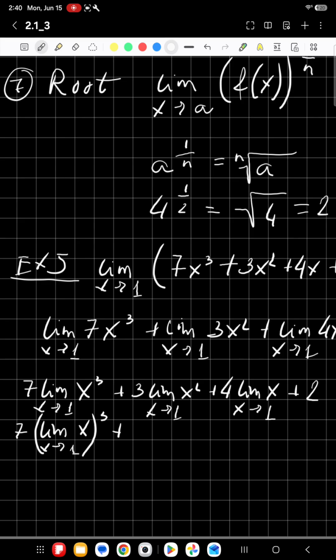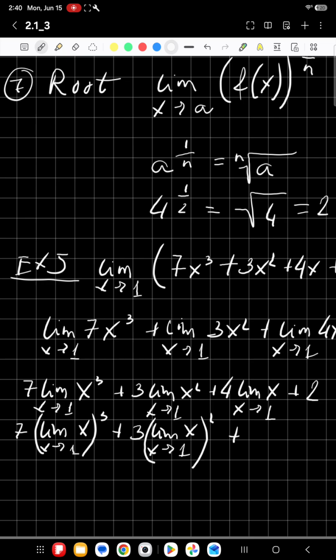Similarly here, 3 times the limit x approaching 1 of x, to the power of 2. And here let's just calculate it.